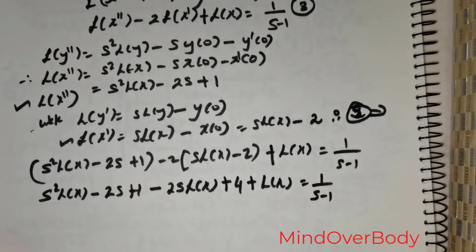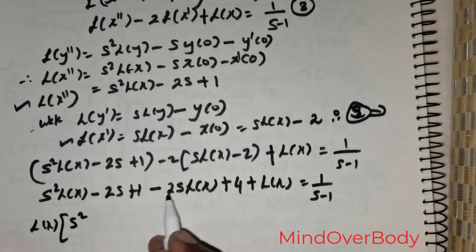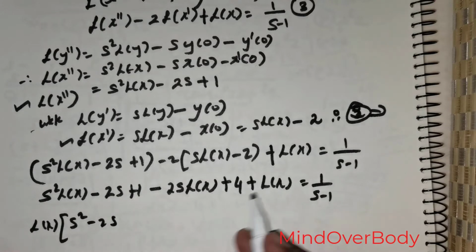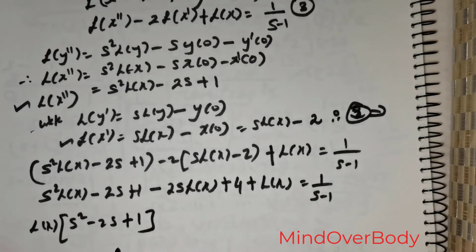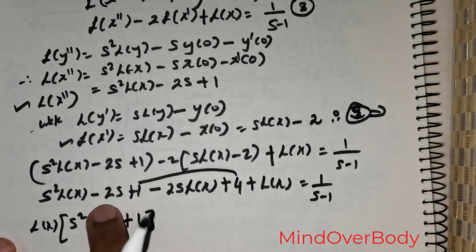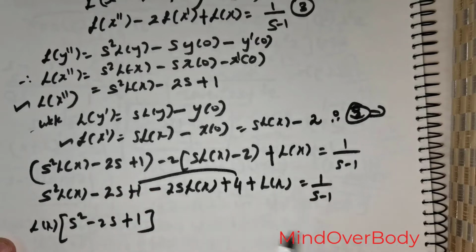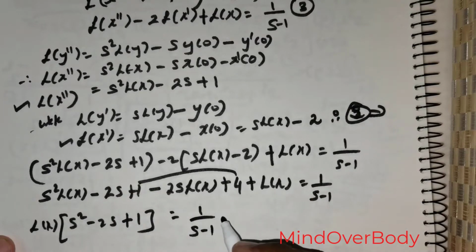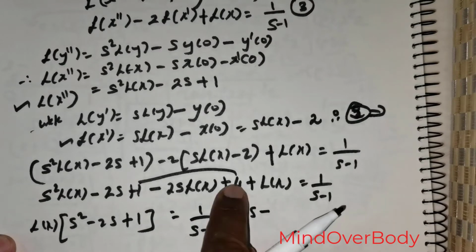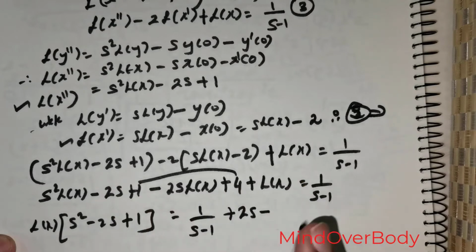Now we can take L of x out, and that would mean I get an s squared here, minus 2s and a plus 1 there, and apart from that I got a 4 and a 1, that's 5, and then minus 2s, so minus 2s can be pushed to the other side. So this is going to be 1 over s minus 1 followed by plus 2s and 4 plus 1, 5. We push the 5 to the other side to get minus 5. So this is what we've got.